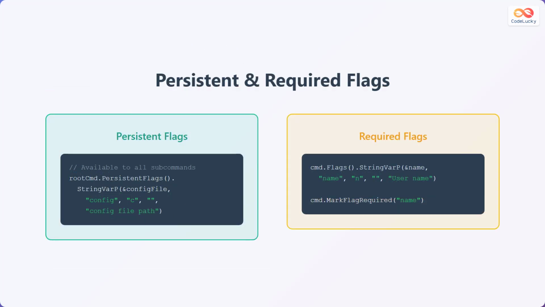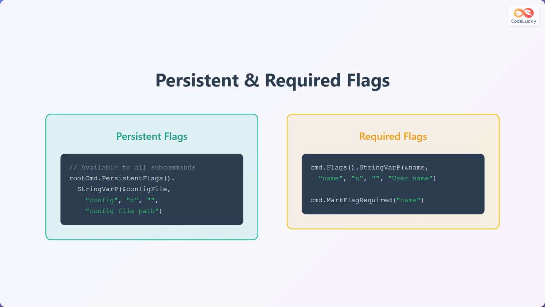Cobra provides two special types of flags that enhance your application's usability. Persistent flags are inherited by all subcommands, making them available throughout your entire command hierarchy. These are perfect for global configuration options, like config files, verbosity levels, or output formats. You define persistent flags using PersistentFlags instead of just Flags on your root command.